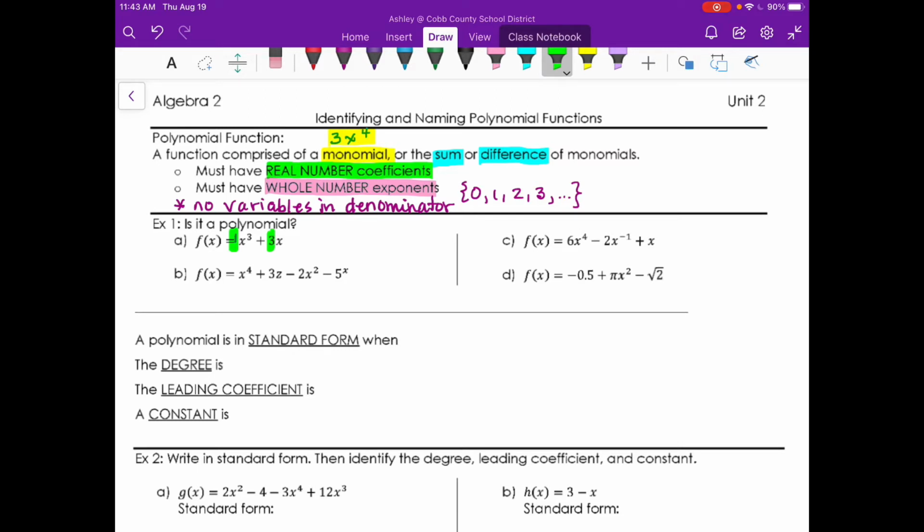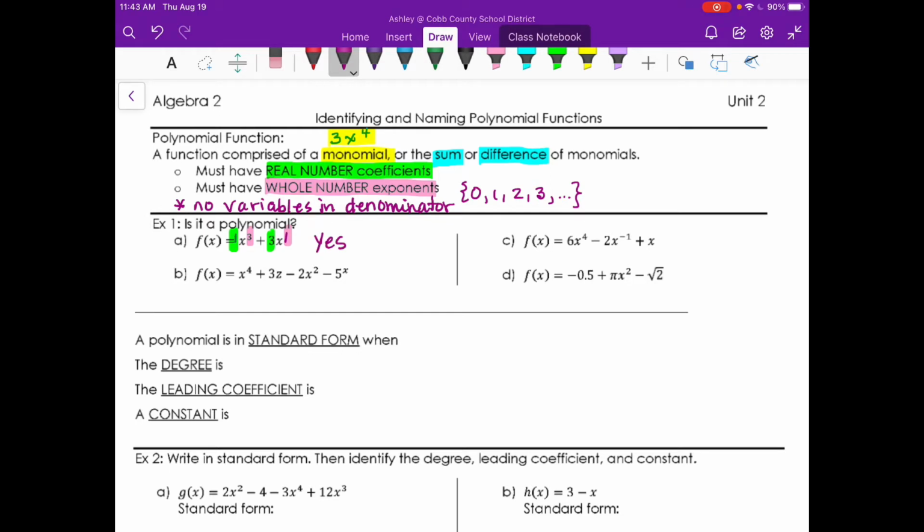Our coefficients are real. And now we will look at the exponents. So our first exponent is a 3, and our second exponent is an understood 1. And those are both whole numbers. And we don't even have any fractions here, so there's no variables in our denominator. So this is a polynomial function.